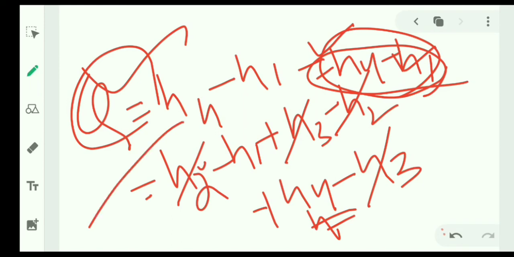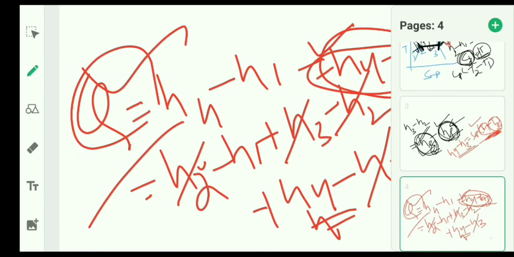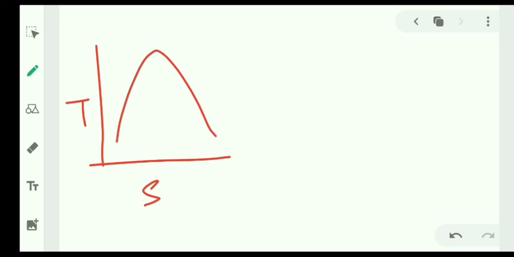Next we need to calculate the entropy change. Again, let me draw this diagram. That is the TS diagram, this is the vapor dome, and this is the process 1 to 2, with points 1, 2, 3, and 4.